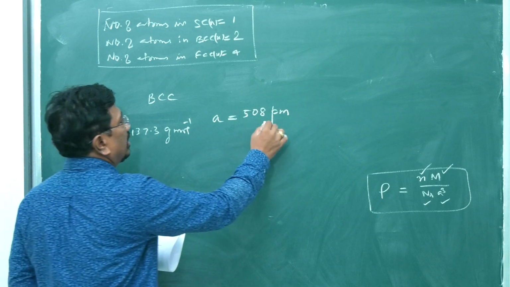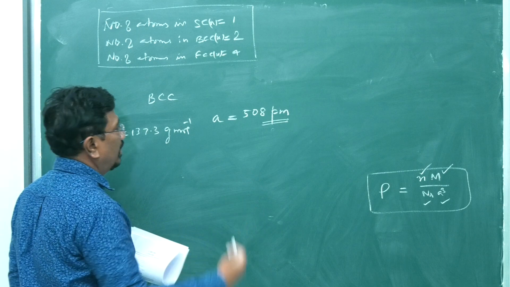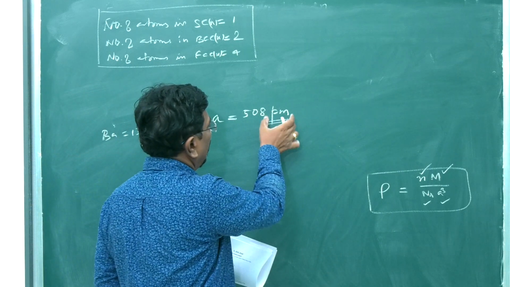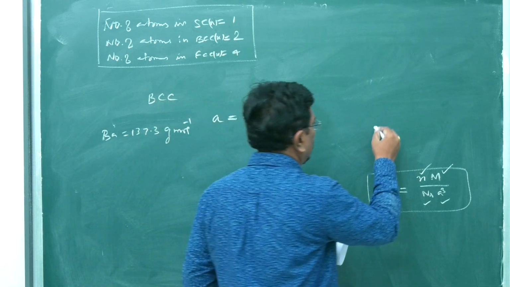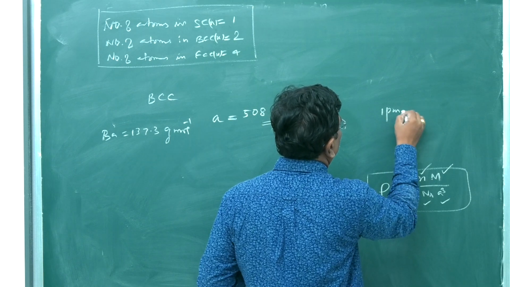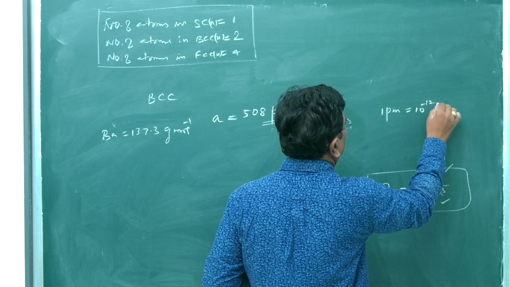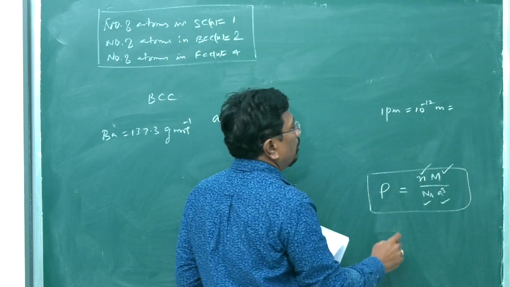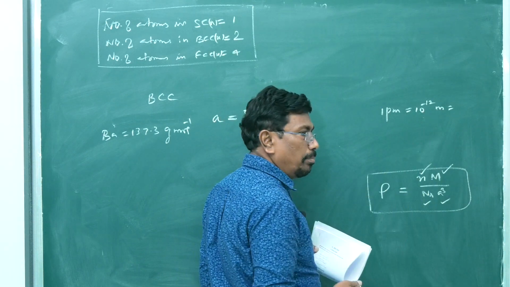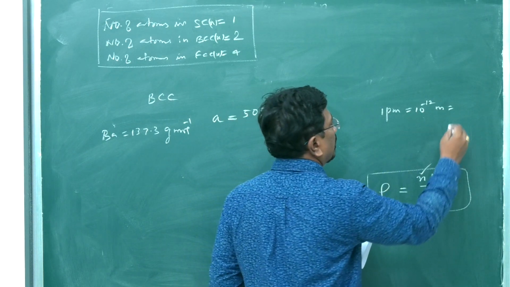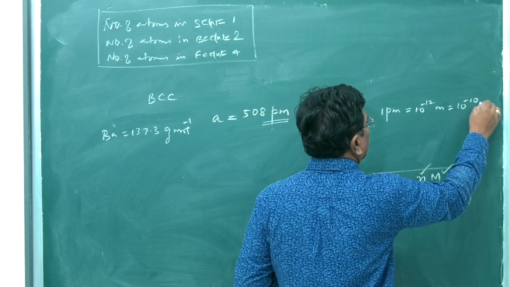One important thing in the problems under density, usually length will be given in picometer. 1 picometer is equal to 10 power minus 12 meter. If it is in centimeter, it has to be multiplied by 100 because 100 centimeter is equal to 1 meter. Therefore, 10 power minus 10 centimeter.